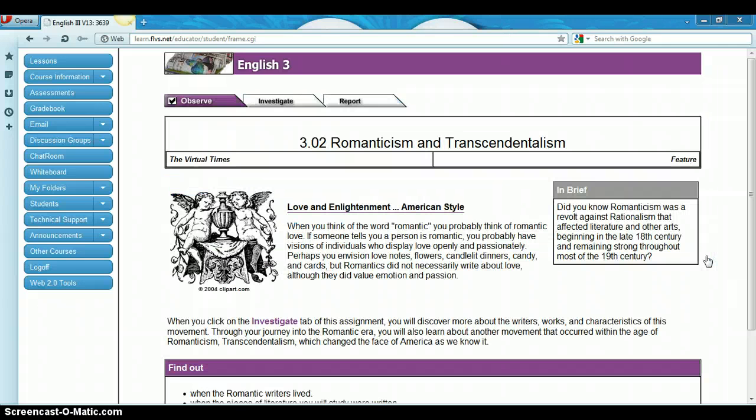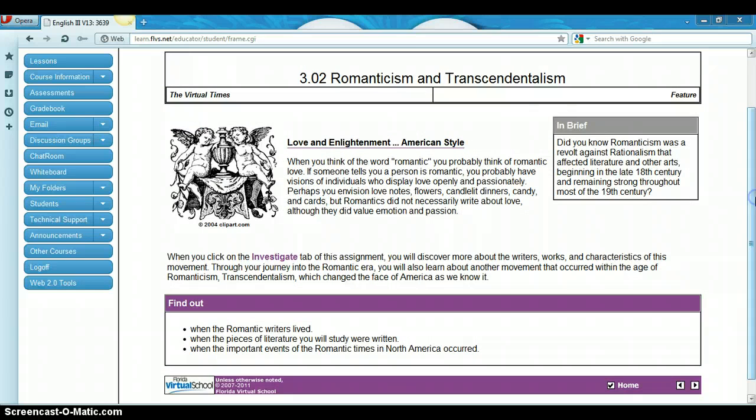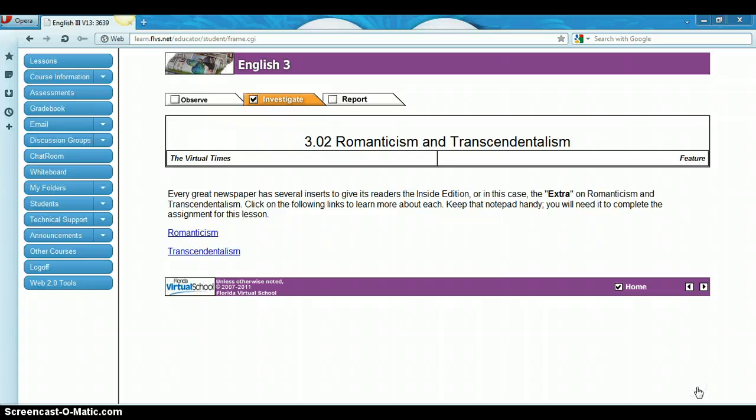All right, now remember 302, you do not have to do the work. What this lesson goes over are the differences between the literary movements of Romanticism and Transcendentalism. It is important to know these different writing styles, so I would encourage you to come through here and read the different works.